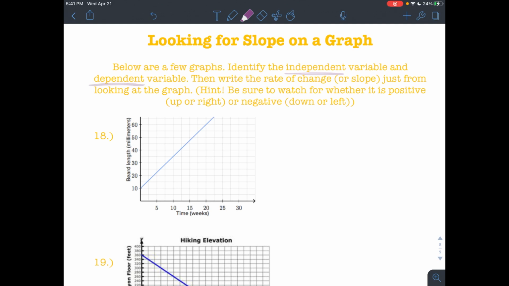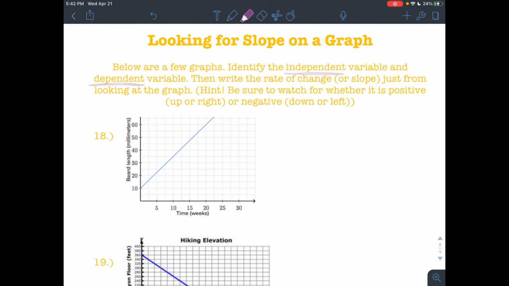Then I want you to try to identify what is the rate of change or the slope, just from looking at the graph. Remember to watch out for whether it's positive or negative, what we talked about in the last section. Did it go up to the right or down and to the left? So watch for your positive and negative signs.